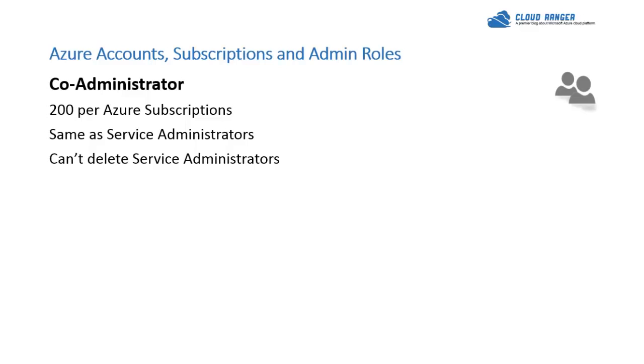And you do not want every single administrator to do what service administrators do. So this is why you have co-administrators who do not have full access to the subscription. For example, they cannot go and see the billing. They cannot see what other subscriptions there are. They are only limited to their subscription, and they can do various things on the cloud resources for their subscription and not the other subscriptions.